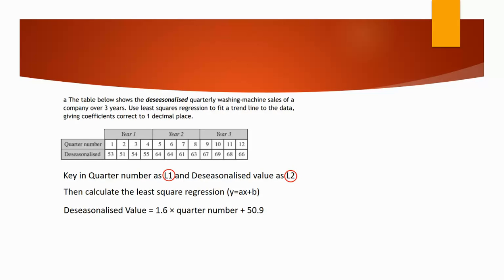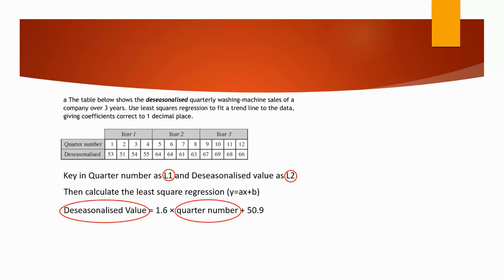Since the question asks you to give the coefficient correct to one decimal place, give it to one decimal place, and it will vary according to the question. And take note, your y-axis here is the deseasonalized value and x-axis here is the quarter number.